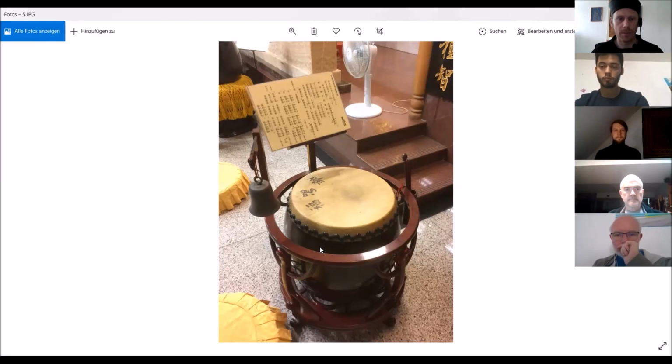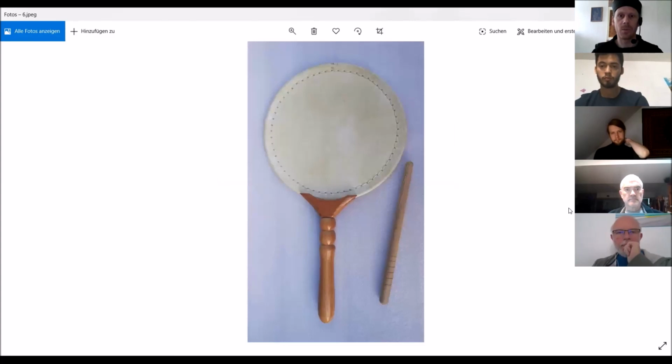And let's see if I have another photo of the drum. Yes, here's a wonderful example of a little drum, a hand drum. It's just a handle basically. You have the stick and the skin, and you can walk freely around with this. Sometimes you have ceremonies where you have to walk around, and if there is a small drum, it's quite handy.